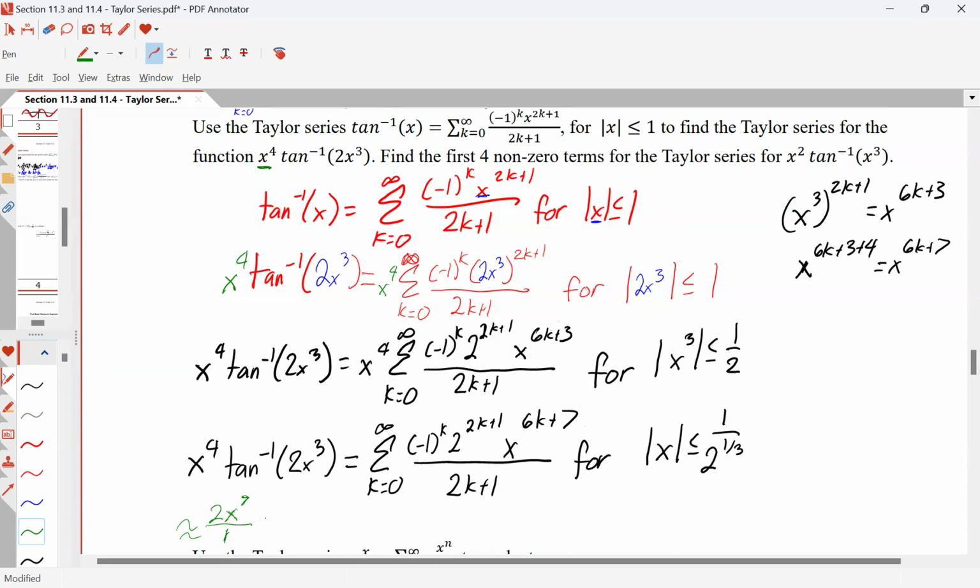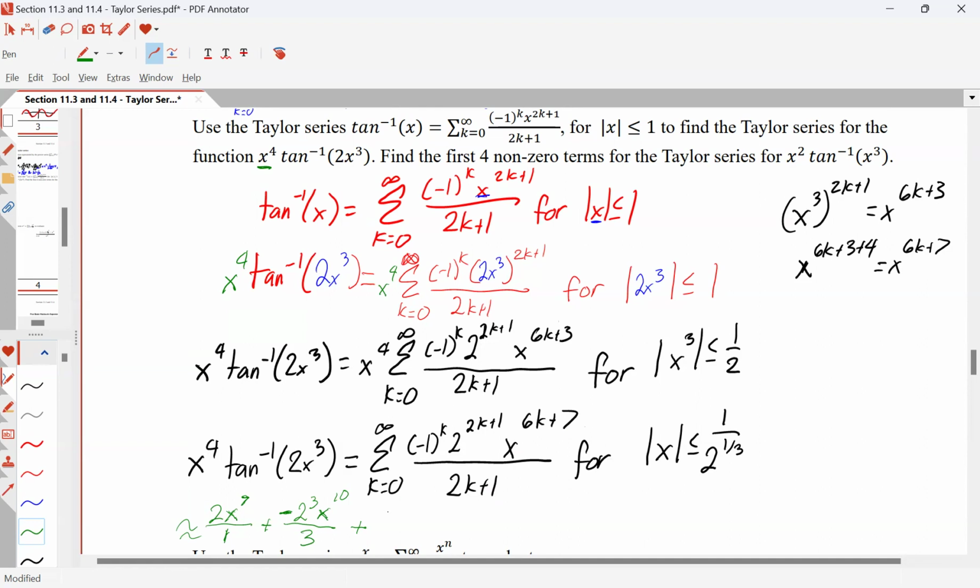The next term would be if k equals 1. Negative 1 to the first is negative, 2 to the 2 plus 1 is 2 cubed, x to the 6 plus 7, x to the 10th, and 2k plus 1 with k equals 1 is 3.